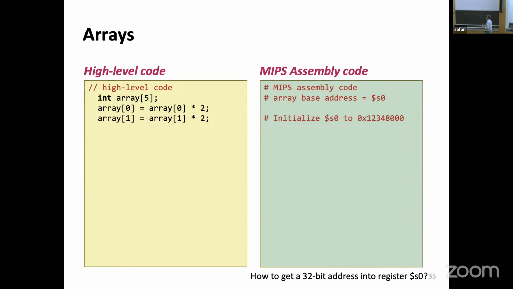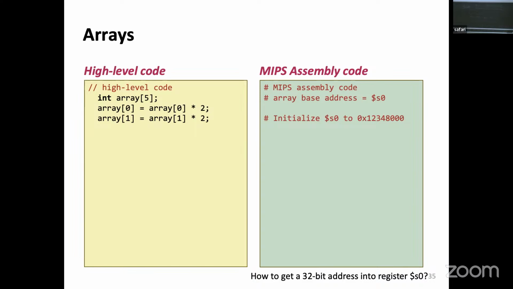We had one example where we used code like add immediate into S0, with something like hex 1234.